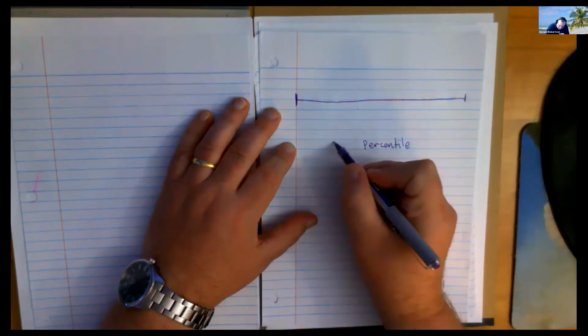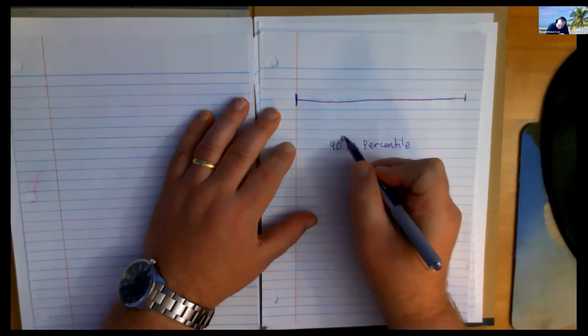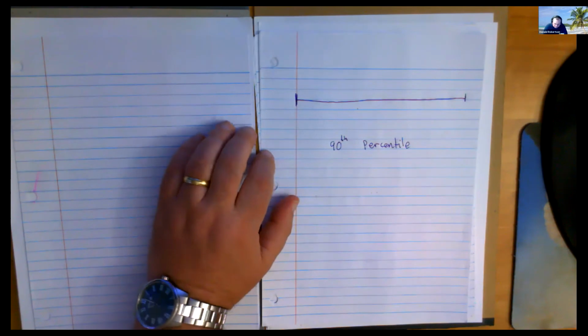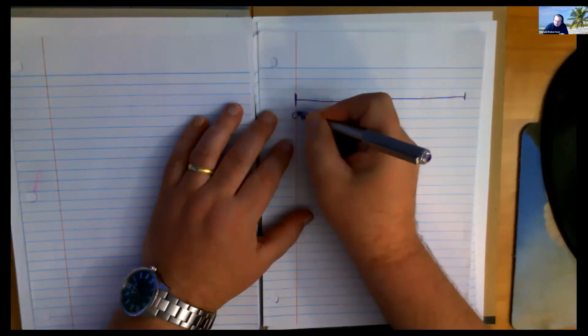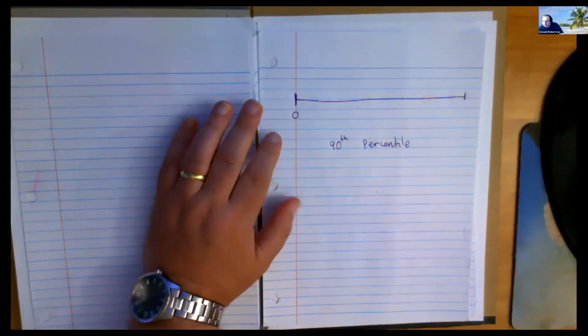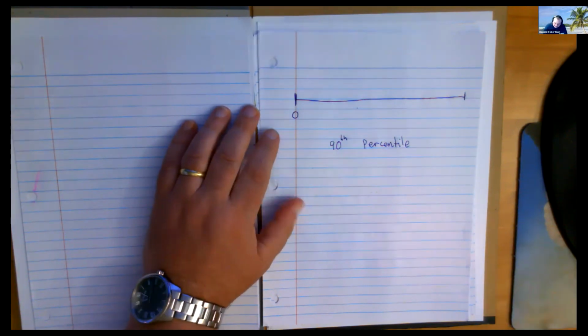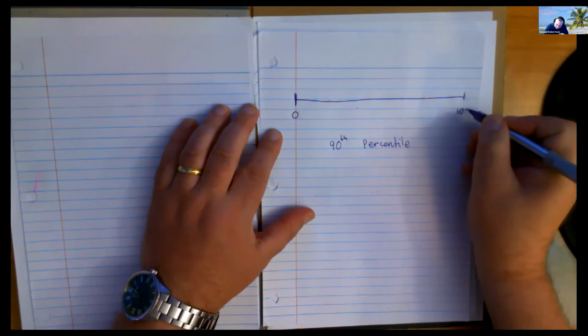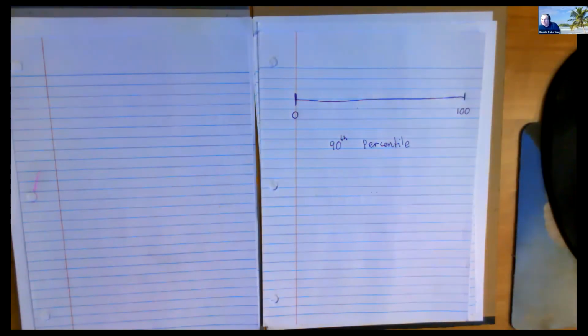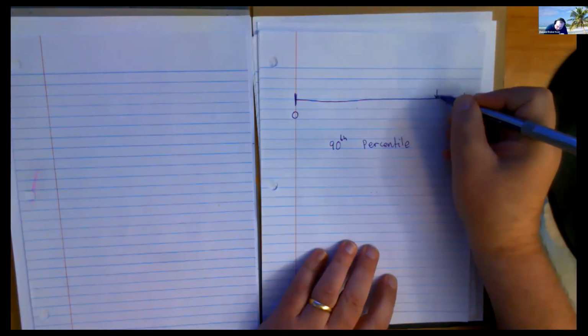So if I say that your height is in the 90th percentile, 0 would be the smallest person in America, whatever height they are, and 100th percentile would mean you were the top person, the tallest. And the 90th percentile is you, and you are there.